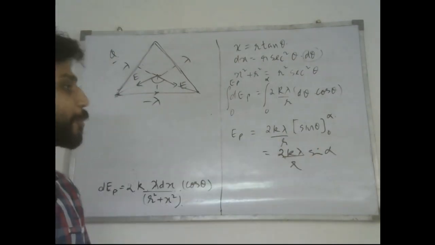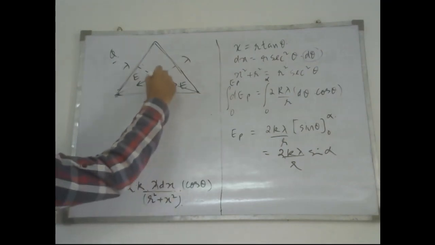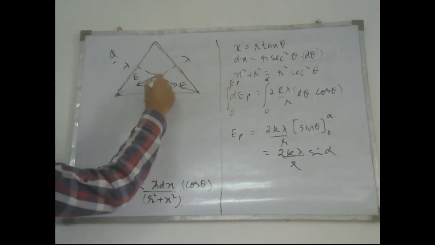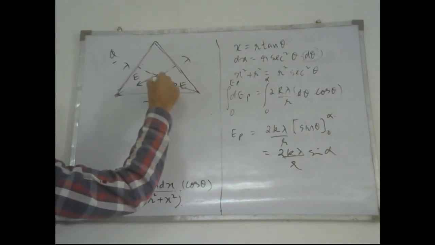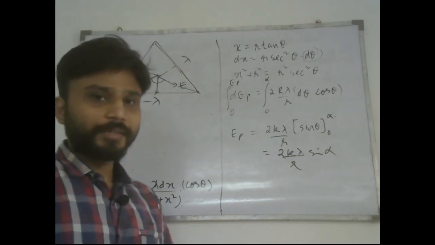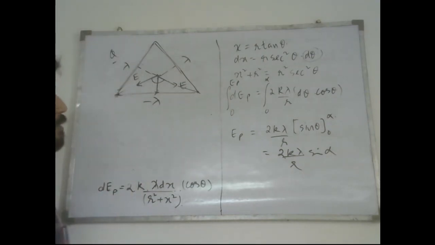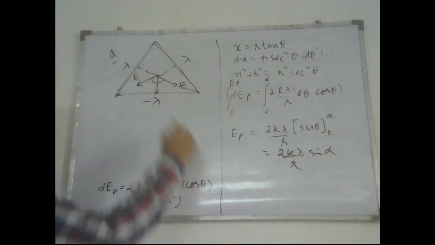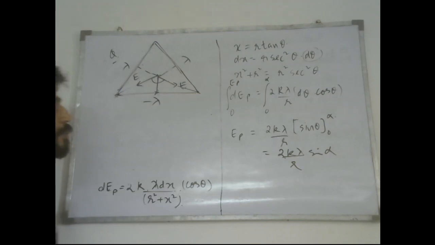And what would be this angle alpha? If we calculate the angle subtended at point P by the ends of the rod, this angle comes out to be 60 degrees, because alpha is the angle subtended by the point on the ends of the rod.